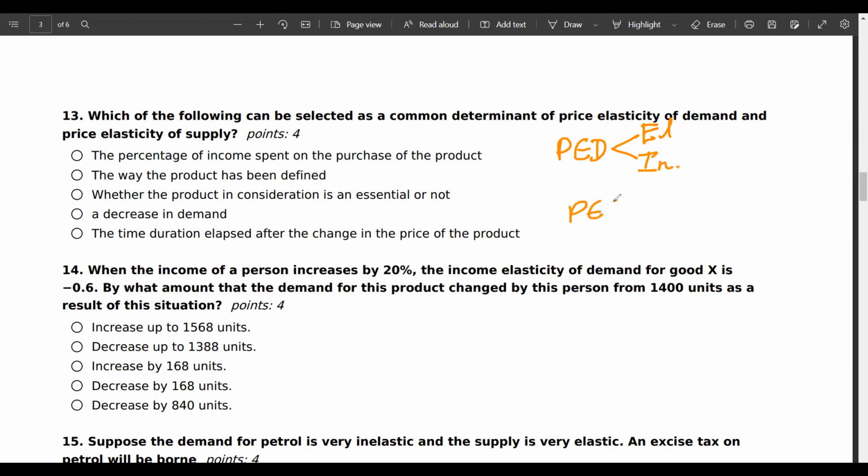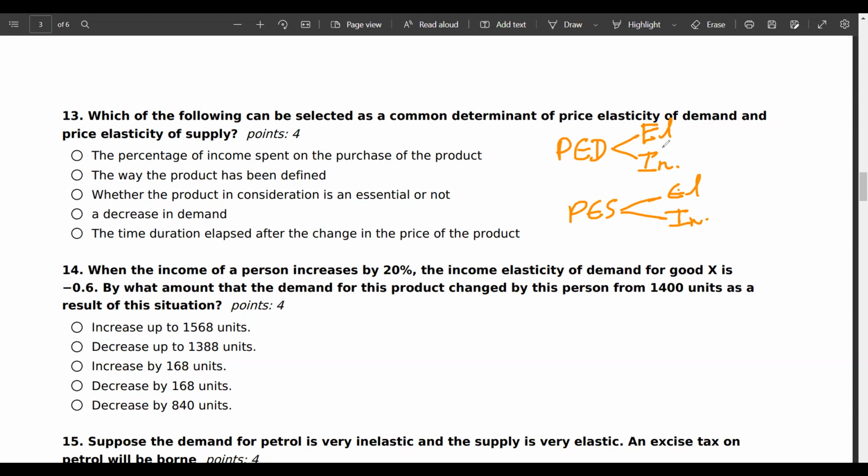PES is also the same thing, elastic and inelastic. Now, what will decide whether a product has greater than 1 or less than 1 PED, greater than 1 or less than 1 PES?